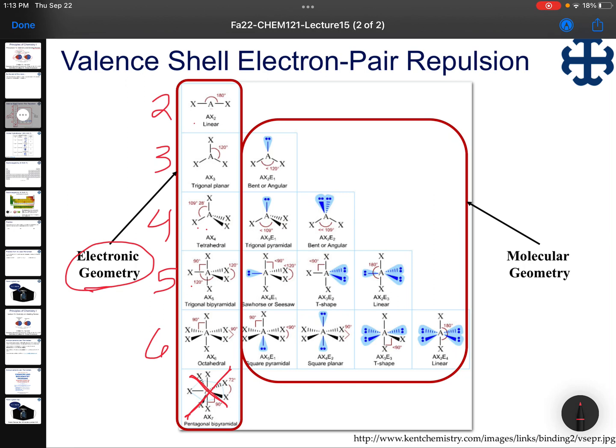But where things, of course, get trickier are our molecular geometries. That's when we start to bring in these lone pairs, shown here by these blue orbitals. You'll notice that the numbering for these rows stays consistent as we go across here, but we're just trading out one, 2, or 3 of our bonds for lone pairs.